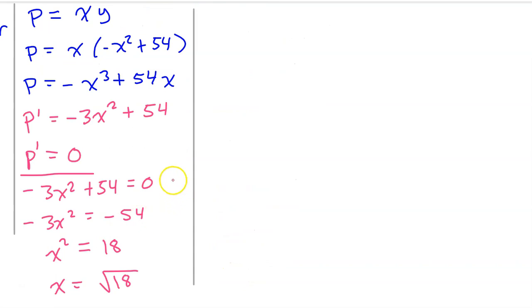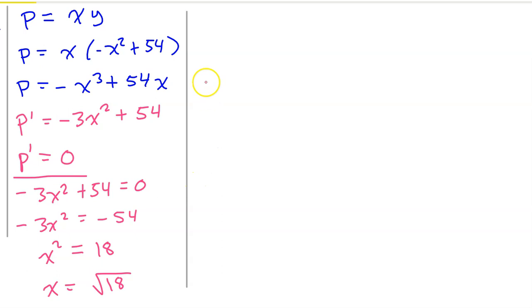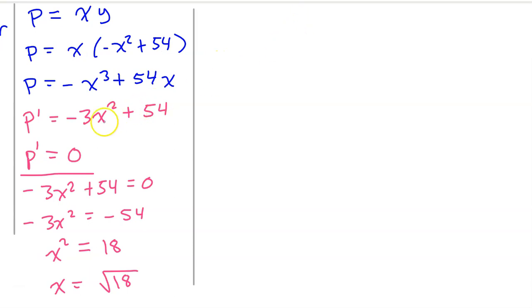Once again, we have an unlimited interval and one critical value. So we are going to use a p prime sign chart to help us find the absolute maximum. However, before I do that, I think I would prefer to factor p prime. So we could say that p prime will equal negative 3 times x squared minus 18.